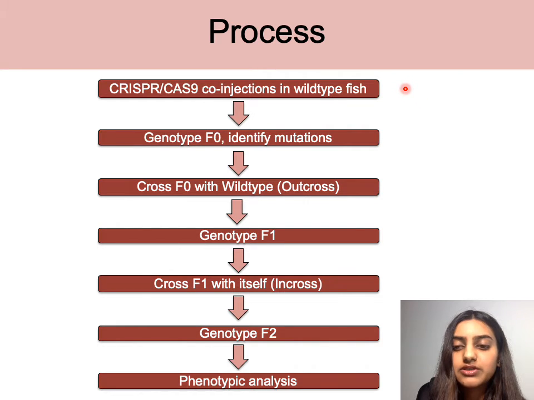First, I used CRISPR-Cas9 to target the GABAA4 gene and create mutations. Then I genotyped the resulting fish to identify what mutations I had created. Then I performed a series of crosses and genotyped them until I ended up with an F2 generation in which there were fish that were homozygous for the GABAA4 knockdown mutation. And then I did phenotypic and behavioral analysis.